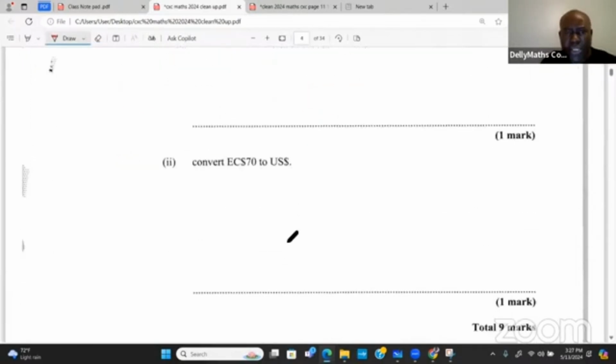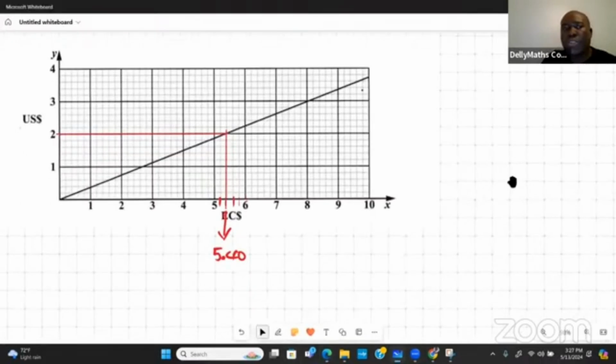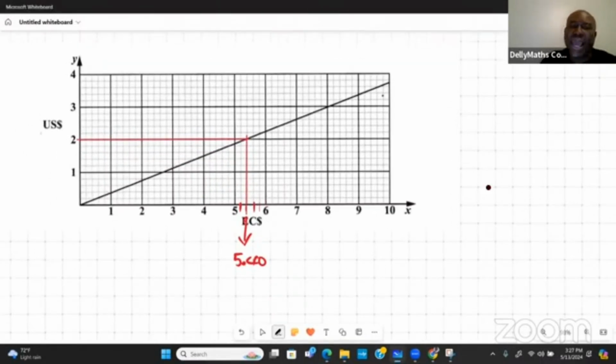So the other question says we're still using the graph. What we want to do is convert EC 70 to US. So what we're going to have to do is use the graph to get an idea. Remember, it's a straight line, so the ratio remains constant. I want to look at EC 70, even though there's no 70 here, but I could relate EC 7 and then multiply by 10.